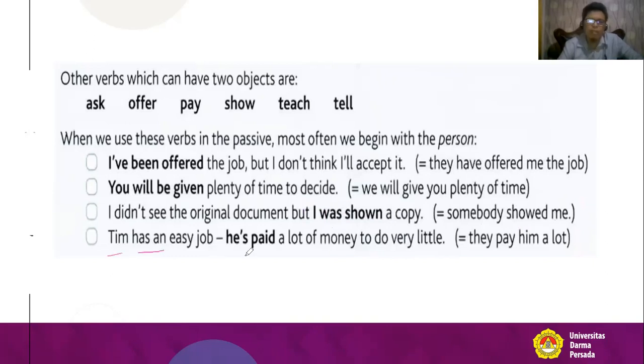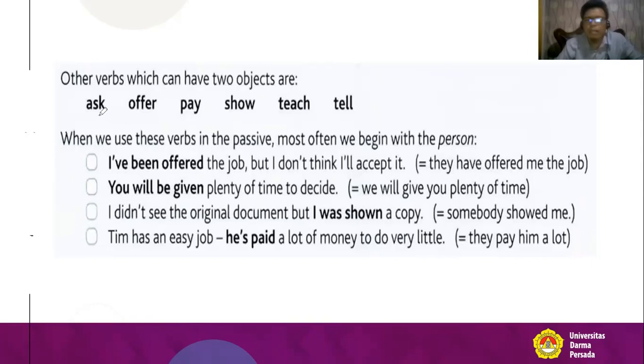Tim has an easy job. He's paid a lot of money to do very little. So he is paid. They pay him a lot. Okay, everybody, so that is the first thing we discuss about passive three. I repeat again.